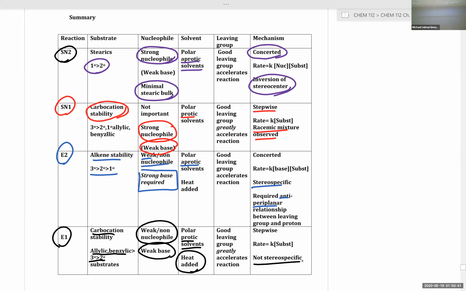Do these summary highlights make sense? This is just a nice little table you can look back on, and it summarizes everything that you'll see for these reactions. It's something to keep as a reference if you want to quickly review your notes. Any questions on this summary?